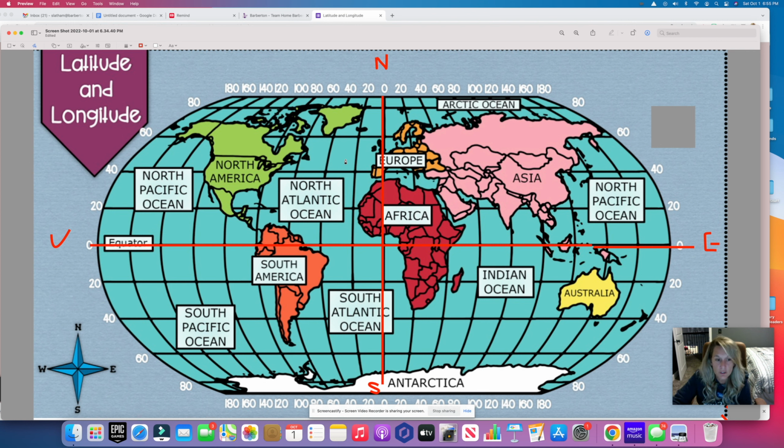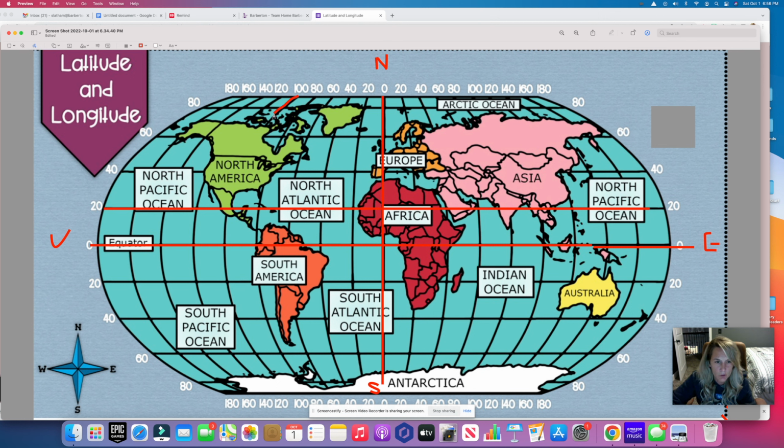Okay, so 20 degrees north, kind of the same thing we did last time, up and down first. 20 degree line, so we go from the equator and up to the 20 and mark it. That's 20 degrees north. Okay, then the next one says 100 degrees west. So start at your prime meridian and go towards the west, which is over to the left. And we need to go to the 100 line. So we go 0, 20, 40, 60, 80, 100.